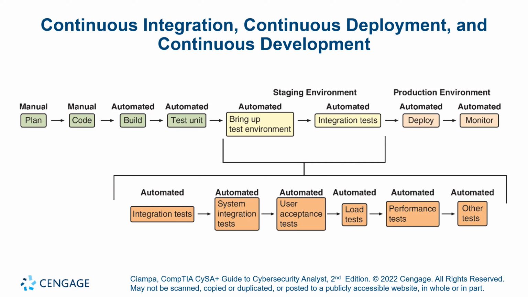Then in your production, you have deploy and monitor, which are automated. And as you can see, you start manual, and then everything else is automated in a lot of this. And then you drop down here, integration tests, system integration tests, user acceptance tests, load tests, performance tests, and if there's any software tests and things like that.